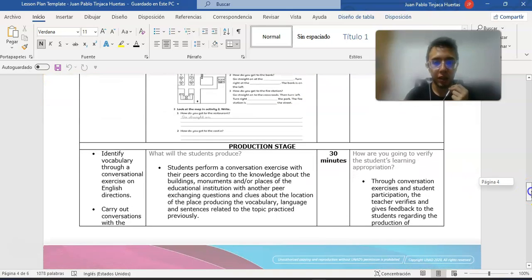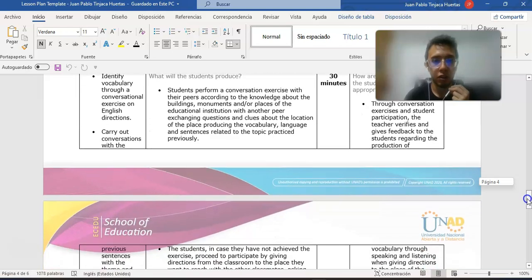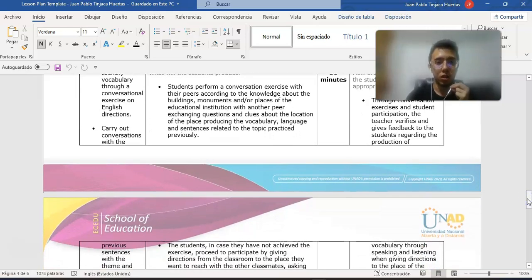Okay, after completing that exercise, we have the last part of the lesson, that is the production stage. In the production stage, we are going to perform a real life conversation exercise with a peer. The students will pair up with their partner.